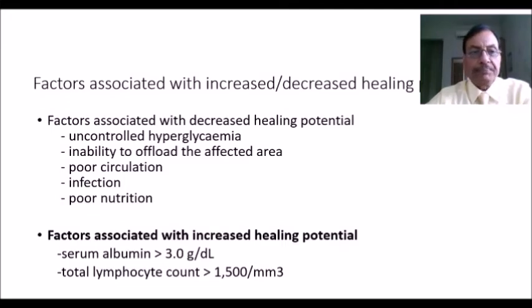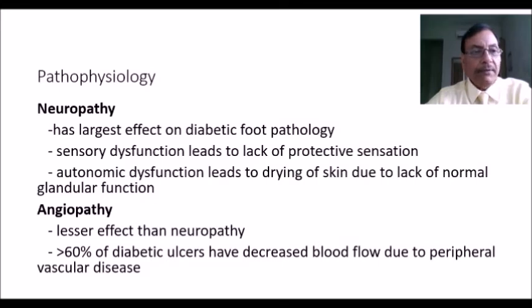They all have decreased healing potential. What are the factors associated with increased healing potential? Serum albumin more than 3 gram per deciliter and total lymphocyte count more than 1500 per cubic millimeter.